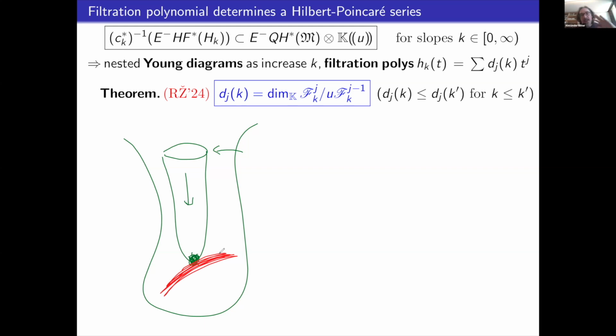So basically, this is the kernel that we care about. This kernel is represented geometrically by these unions of pseudo-cycles that you get from this map from HF plus of HK. We have this map from ordinary cohomology to there, and under evaluation you get these cycles, and these pseudo-cycles are in the kernel of this map, C star K.